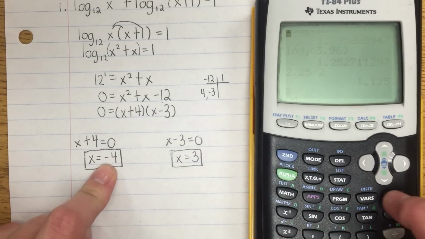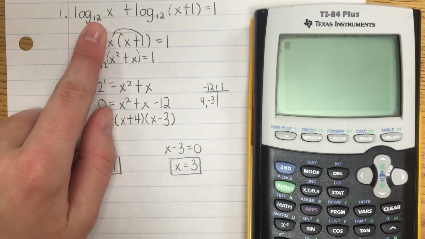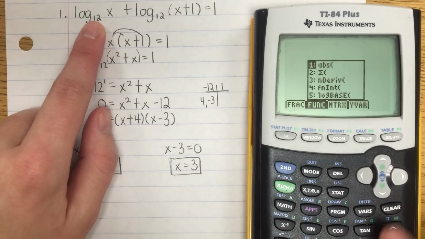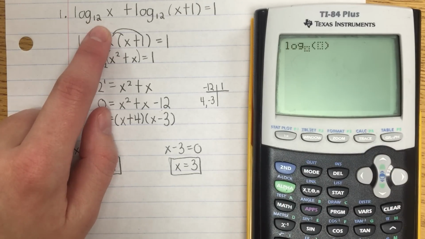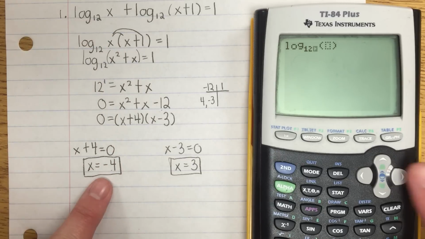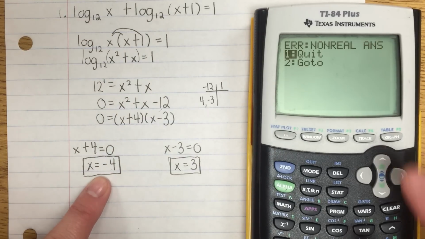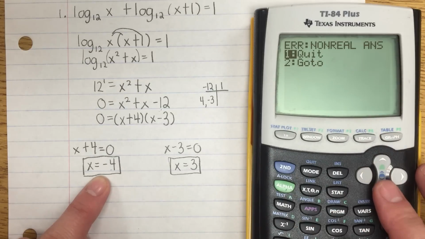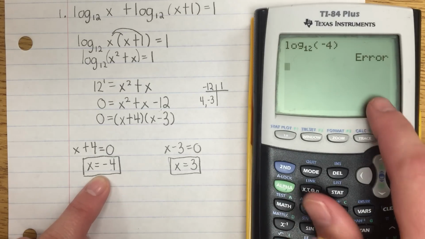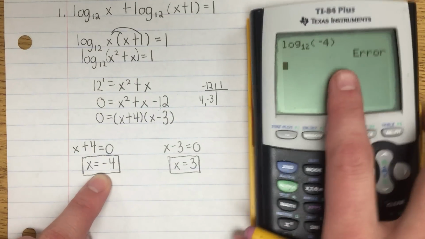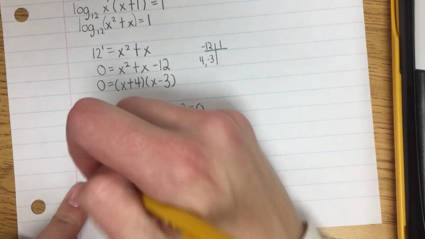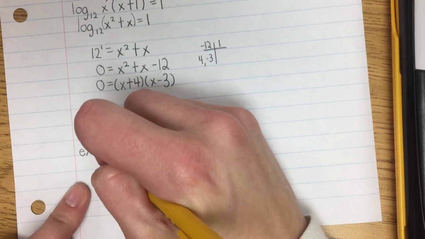So if I were to try this, if I were to put in log, alpha window 5, log base 12 of negative 4, the calculator is going to scream at me, non-real answer, it's not possible. So if I say quit, it's going to give me error. Okay, so here, if you ever get a negative answer, that is going to be extraneous.